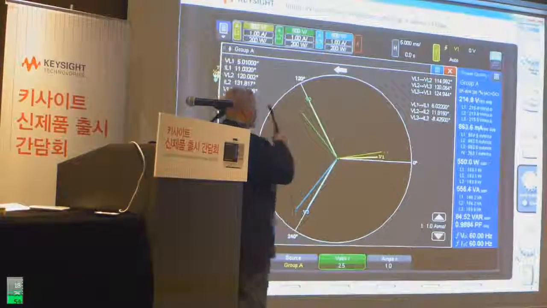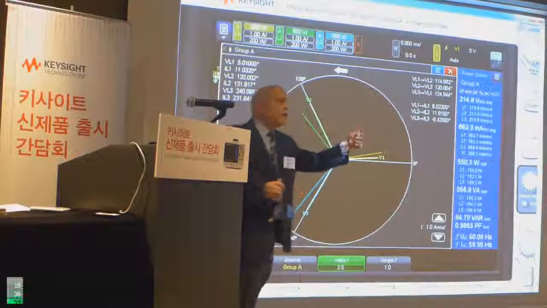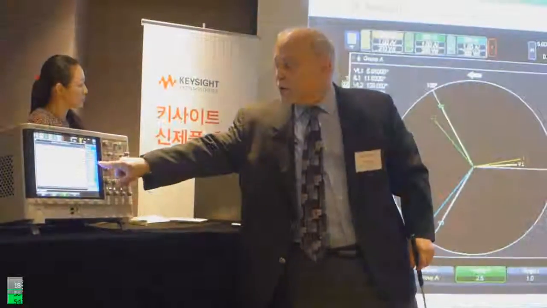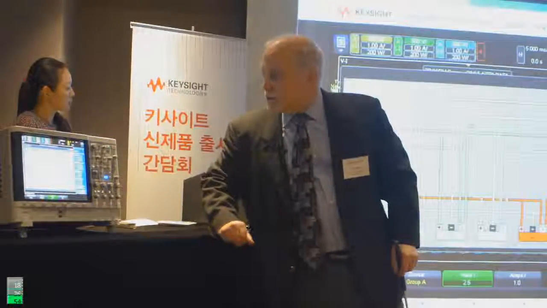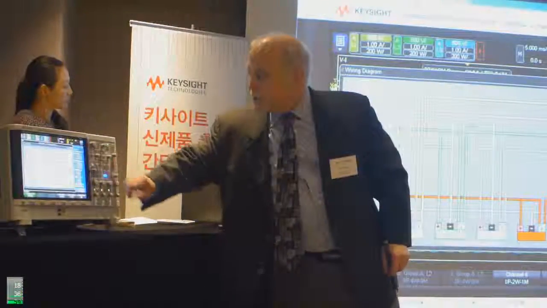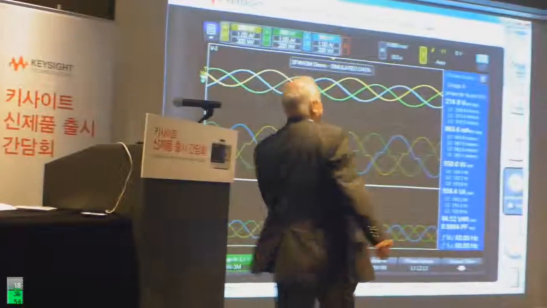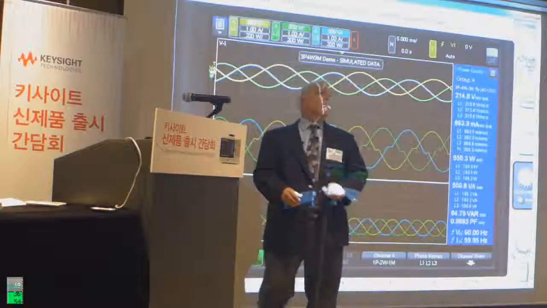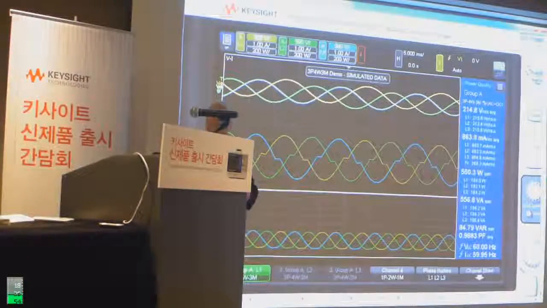So now I could look at this very rapidly and go, everything looks good. That means that the measurements I'm going to make here, that these measurements on the screen are correct, and I have good measurement quality for my AC signals.